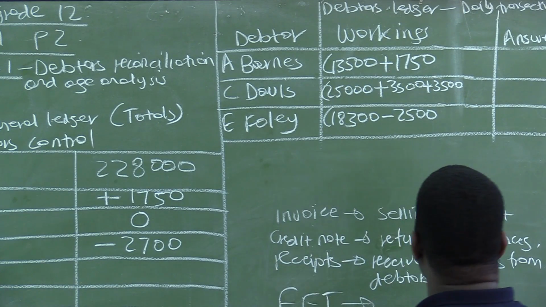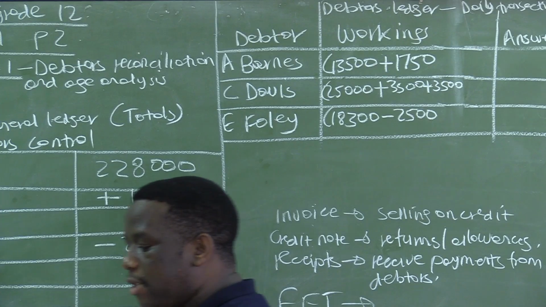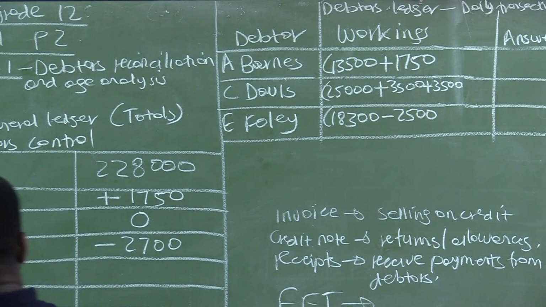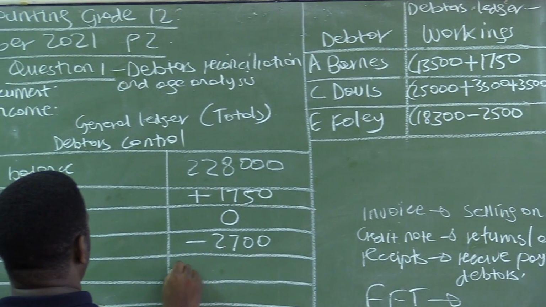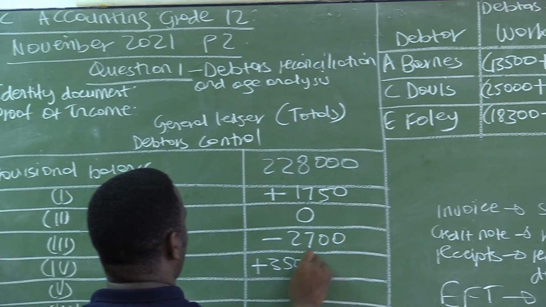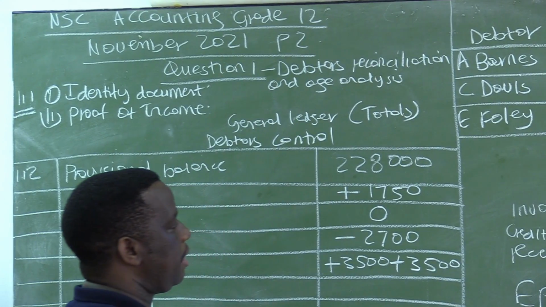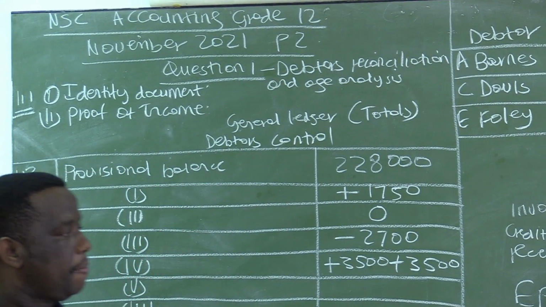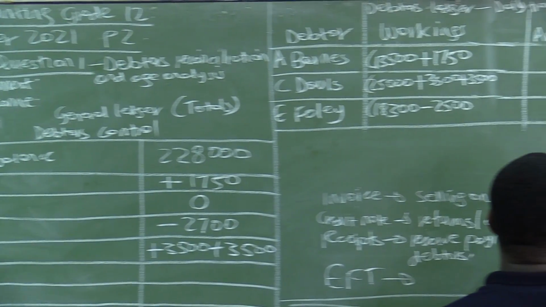We always say this, because we subtracted instead of adding. Even here we need to add 3,500 twice, or just 7,000, because the mistake was made in the journal.